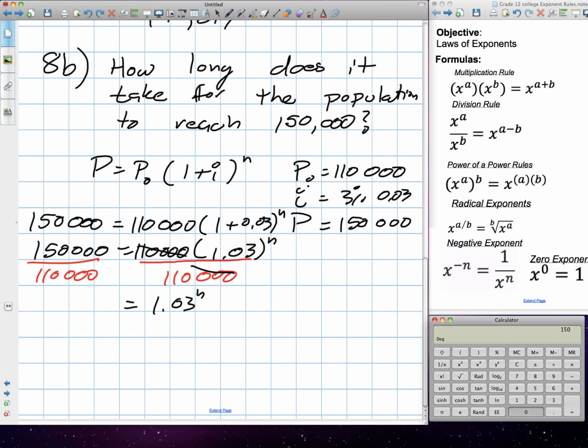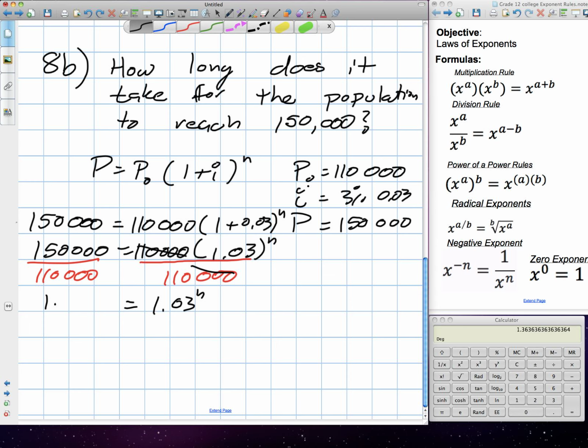So we're going to round this number to 1.364, we'll say. Okay, now this is where we run into a bit of an issue. This is where we have to work with trial and error, okay? We have to figure out what exponent, that's going to be the compounding period, is going to change 1.03 into 1.364.